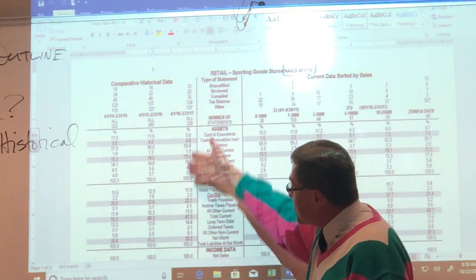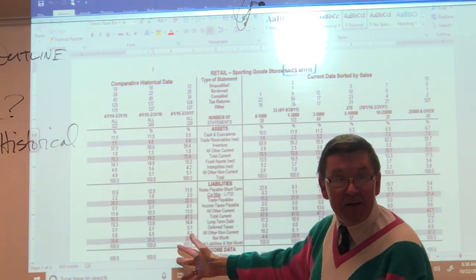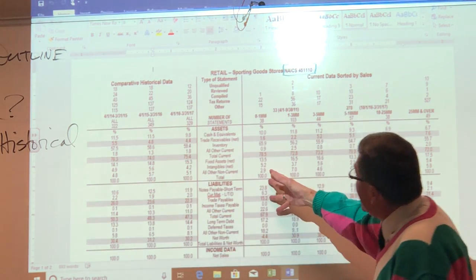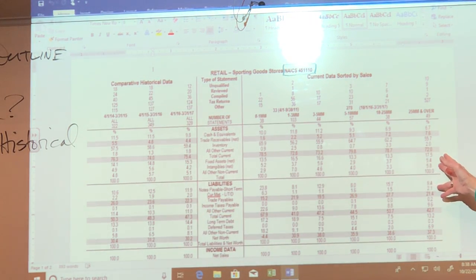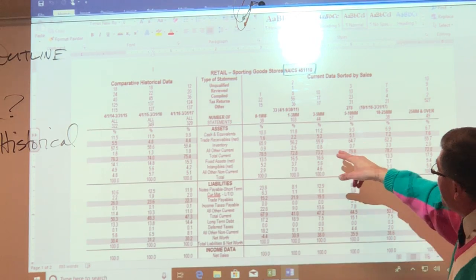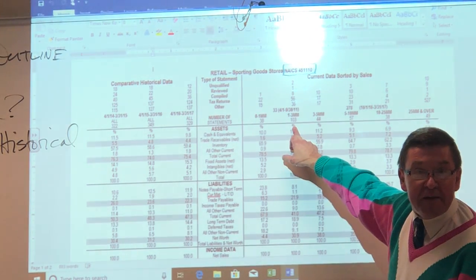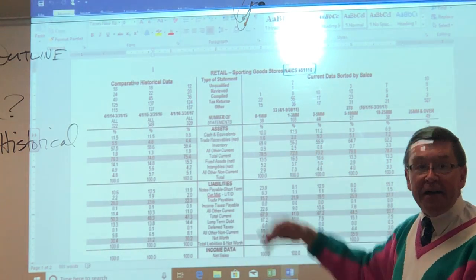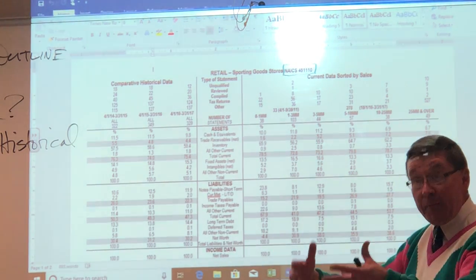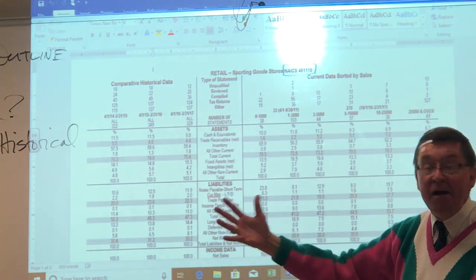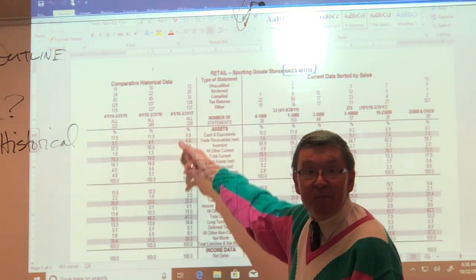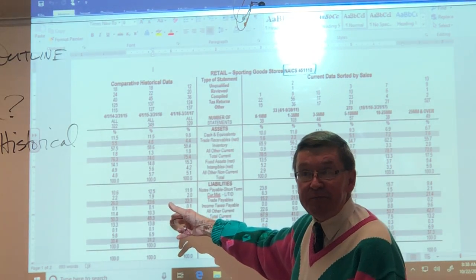There are 329 companies in this industry, this particular time interval. If we were doing this by size, the largest grouping is 1 to 3 million in sales, and that's 103 companies. That may be more appropriate in a different setting, but in this class, I want you to compare it to the maximum number of companies possible.